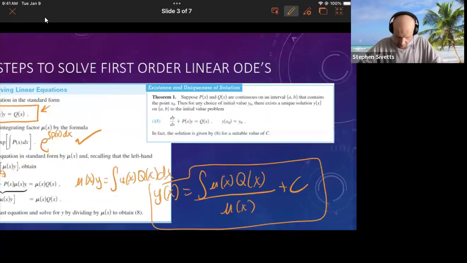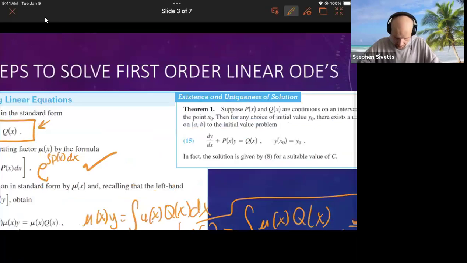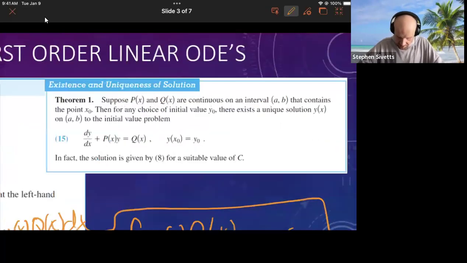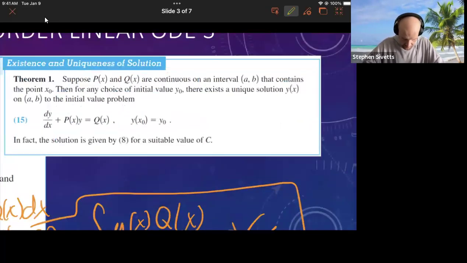And so we can arrive at an important theorem in differential equations, what's called the existence and uniqueness theorem. Existence and uniqueness of a solution.